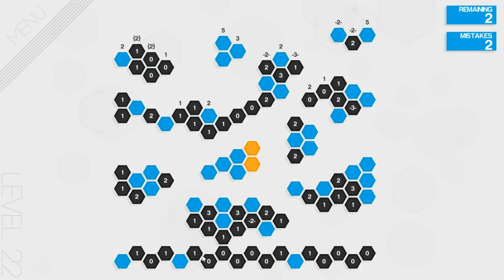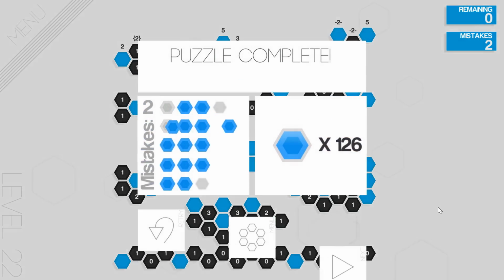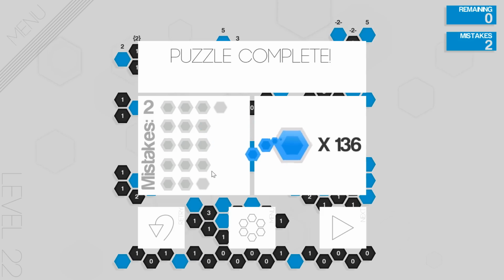So at this point, there's no bit of information on the board here to explain where the remaining two are. But fortunately, there's only two left. But I made two mistakes, so I've lost two pieces. Which is interesting.